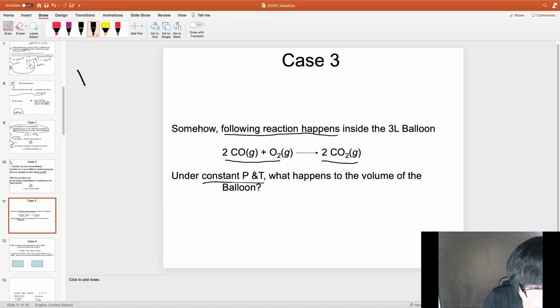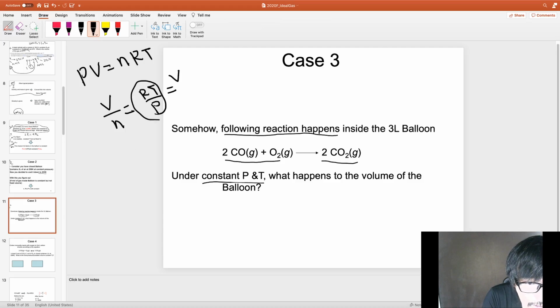So again, PV equals nRT. Pressure and temperature are constant, right? So I'm going to move the pressure to this side. And then n is changing, right? And all of these guys are constant, so you can actually change this one into condition 1 and condition 2.